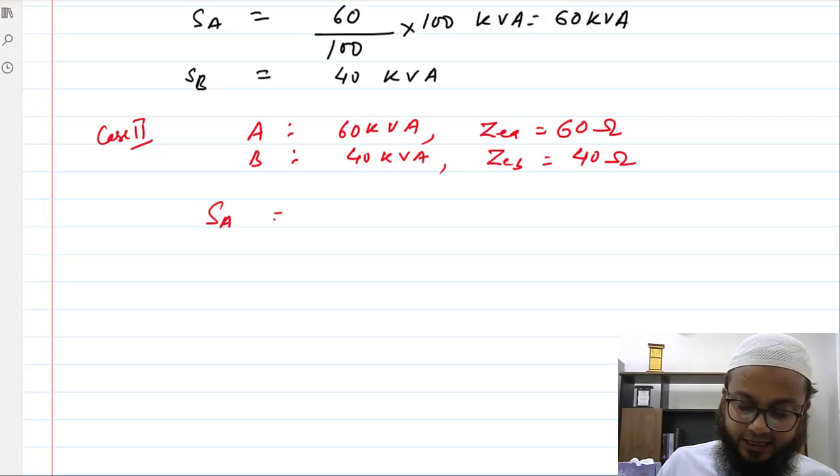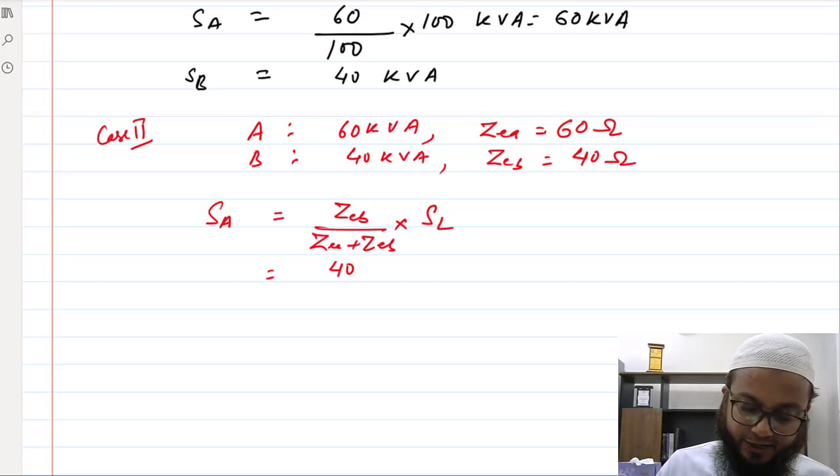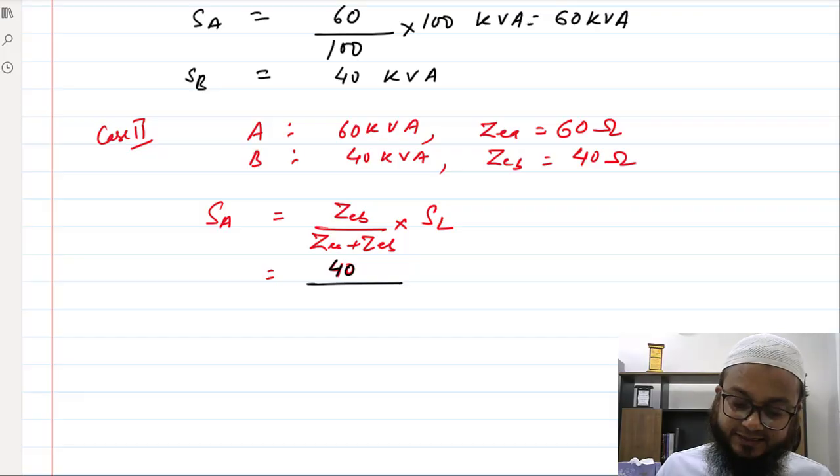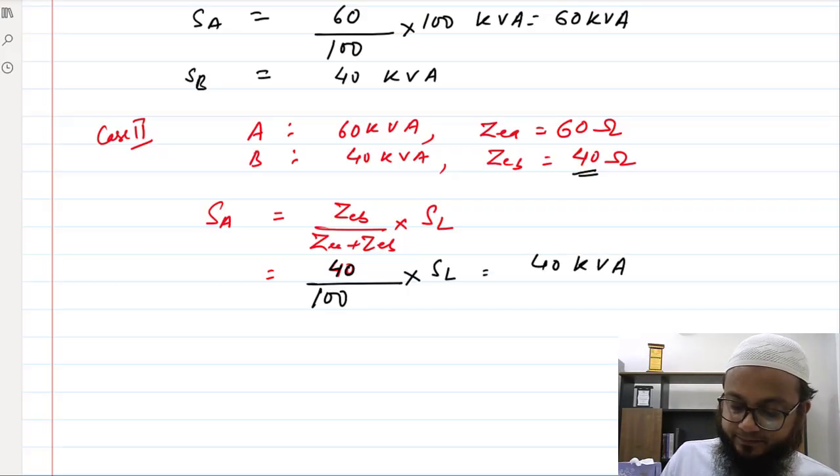SA would be ZEB upon ZEA plus ZEB into SL, and it will come out to be 40 upon 100 into SL, which is 100, so this will be 40 kVA.